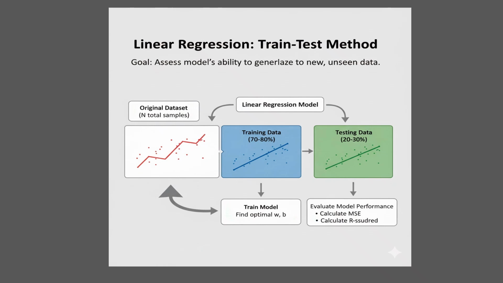The bigger chunk, mostly 80% or 70%, becomes our training data. We use it to train our model so that it learns and we find the optimal values of the parameters, the intercept beta 0 and slope beta 1.